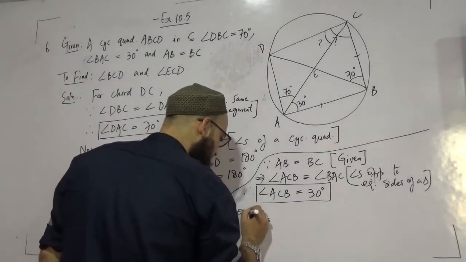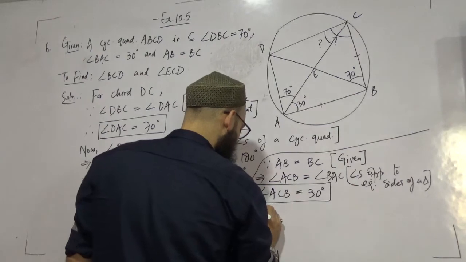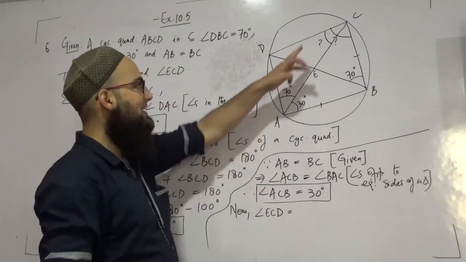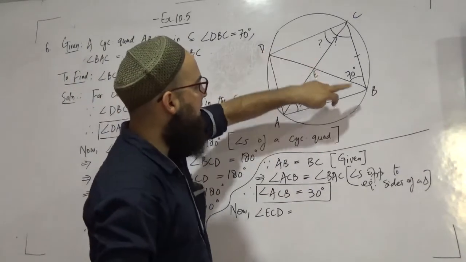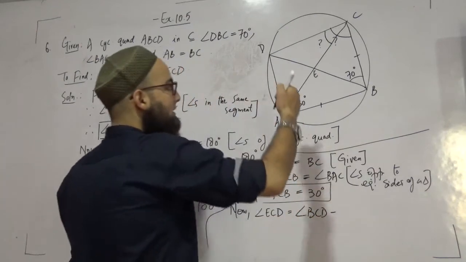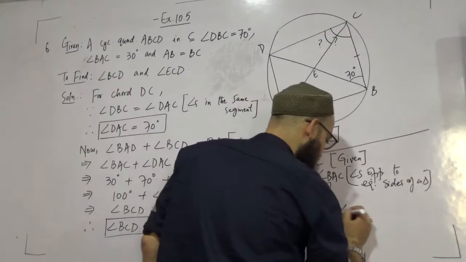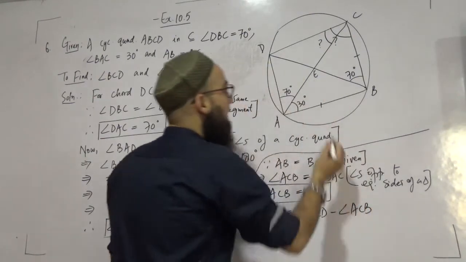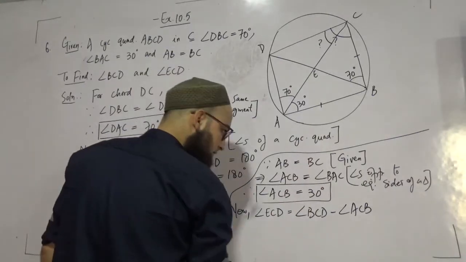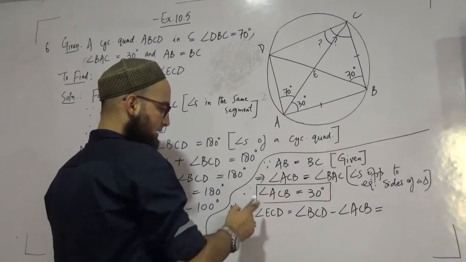Now angle ECD is nothing but angle BCD minus angle ACB. This angle is equal to this whole minus this part.